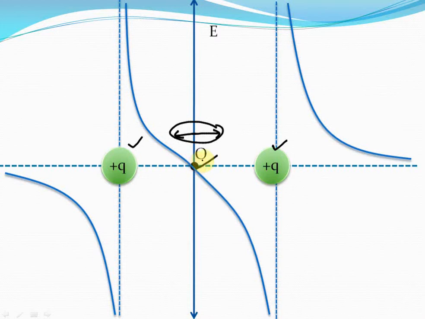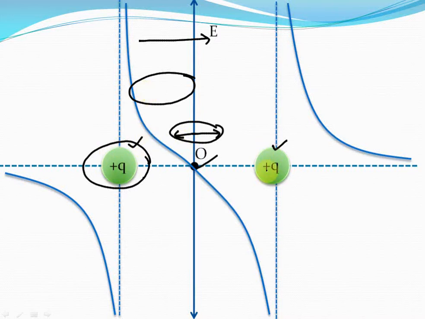As you can see, the electric field is positive in the negative x direction here, isn't it? That's because in this region, near this plus q charge on the left, the field due to this plus q charge predominates, and the field due to this plus q charge is towards the right, which is the positive x direction. That is the reason that the electric field is positive as we move towards this plus q charge on the left.